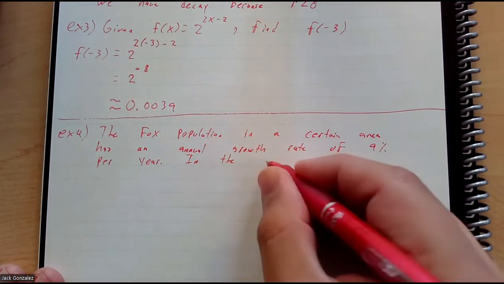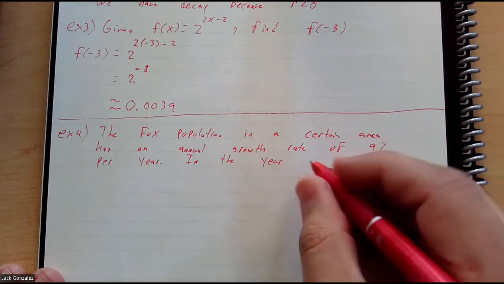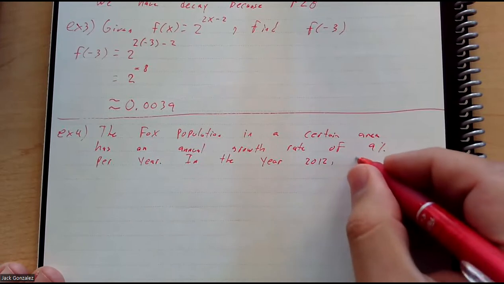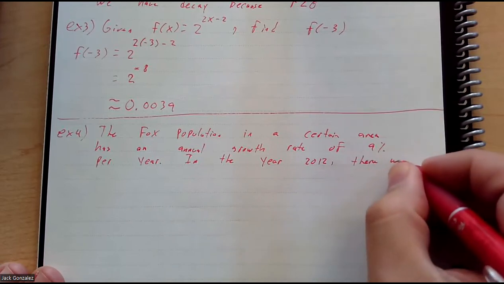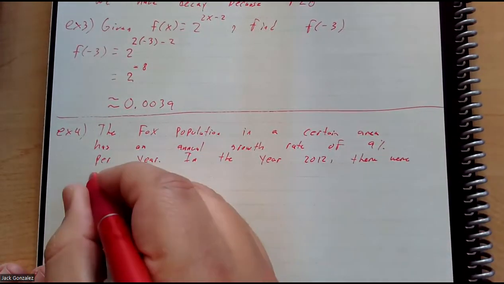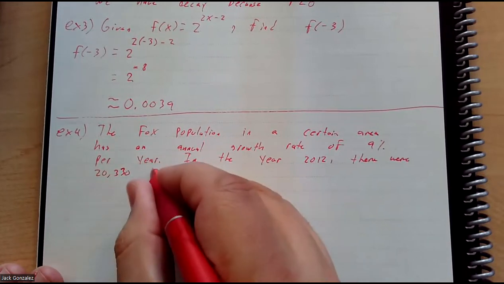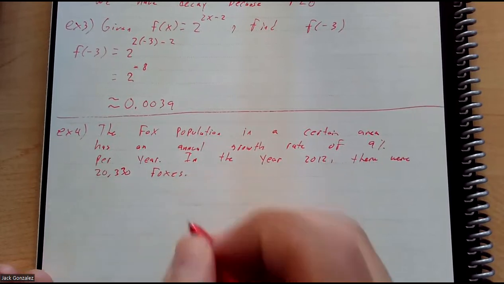In the year 2012, there were 20,330 foxes. All right.